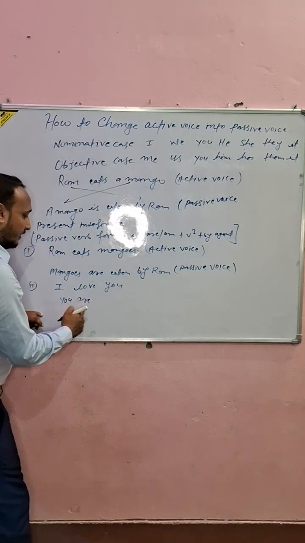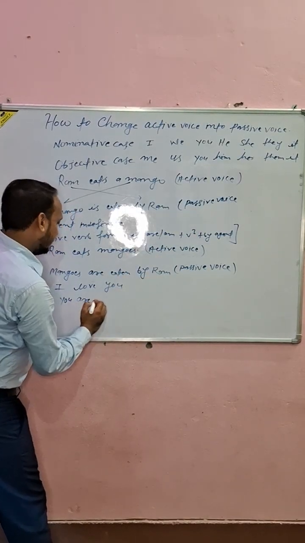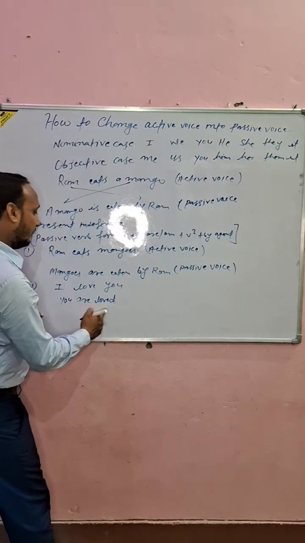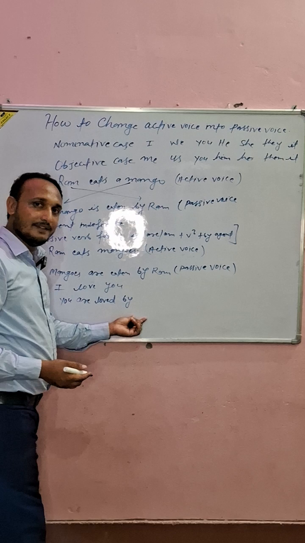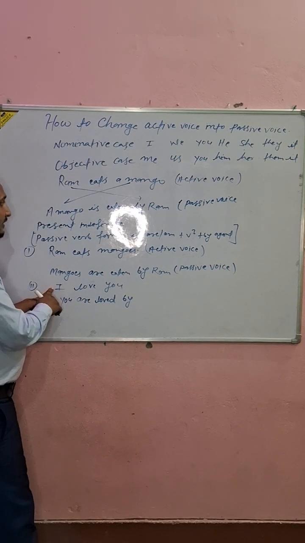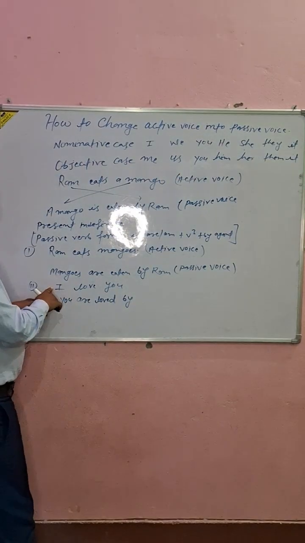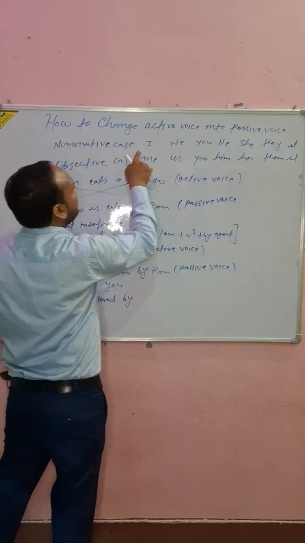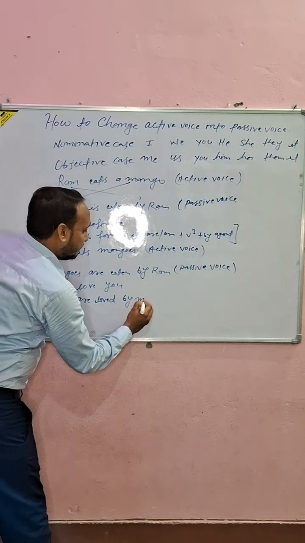You are, and after that verb 3, loved. You are loved. After that we use by agent. So what will be the objective case of I? I have already written here what the objective case of I is. The objective case of I is me. So we can write here me.